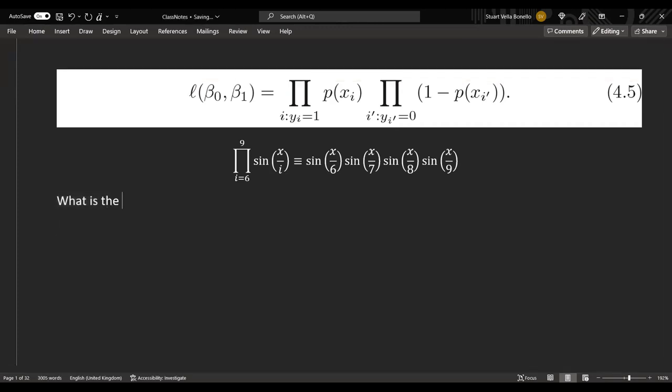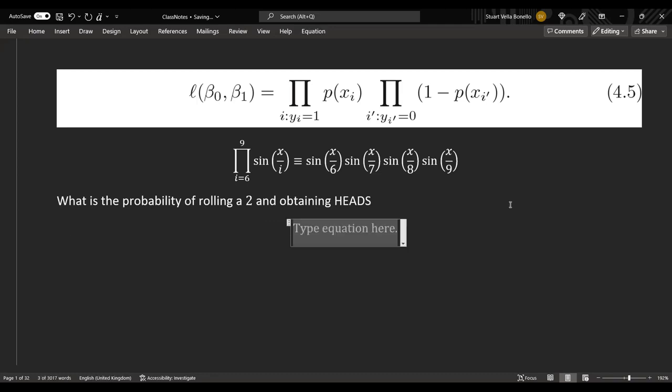What is the probability of rolling a 2 and obtaining heads? Well, they're independent of each other.